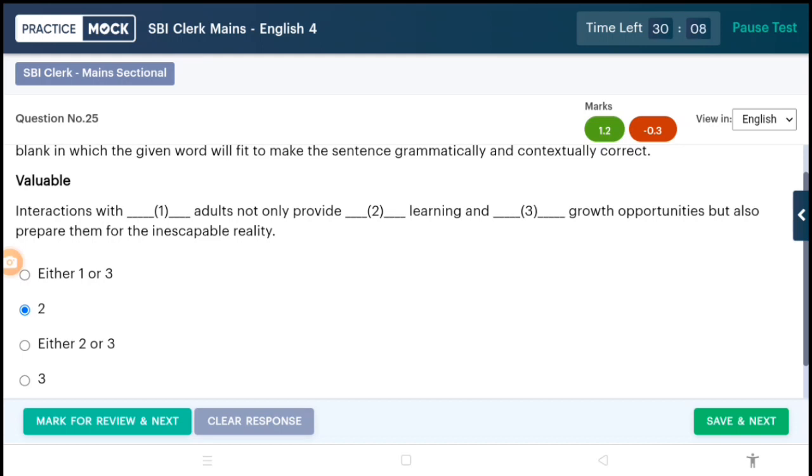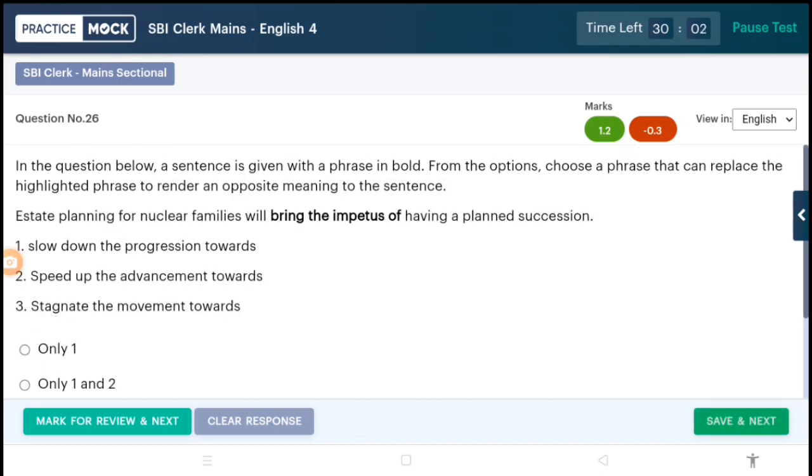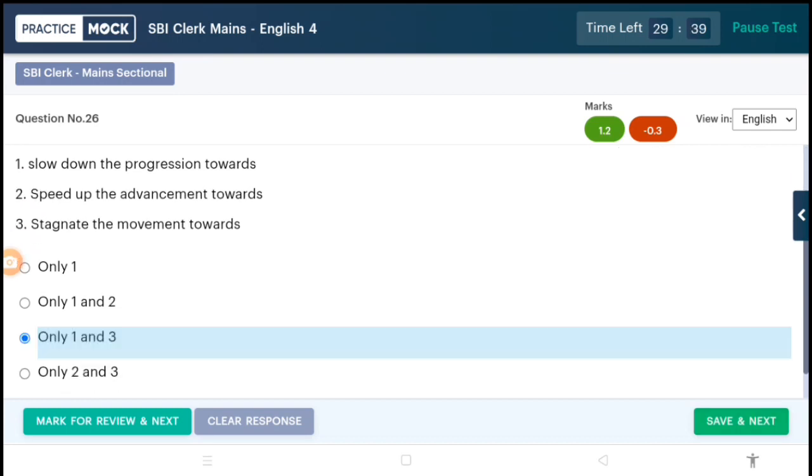Either 2 or 3, I think. Next, estate planning for nuclear families will bring the. Estate planning for nuclear families will, I think, 1 and 3.